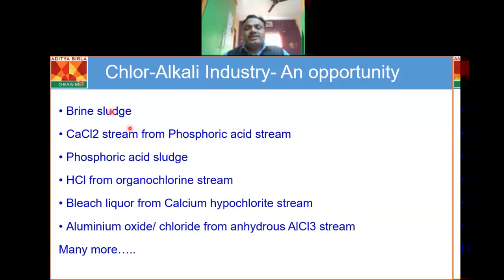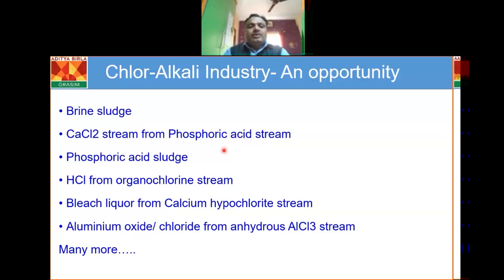We also have a phosphoric acid plant. This phosphoric acid plant has IMI technology where phosphate rock is extracted with hydrochloric acid to produce technical grade or food grade phosphoric acid. During production of this phosphoric acid, there is production of calcium chloride solution. 1 ton of phosphoric acid results in around 9 to 10 ton of calcium chloride solution, which contains around 15% calcium chloride concentration.